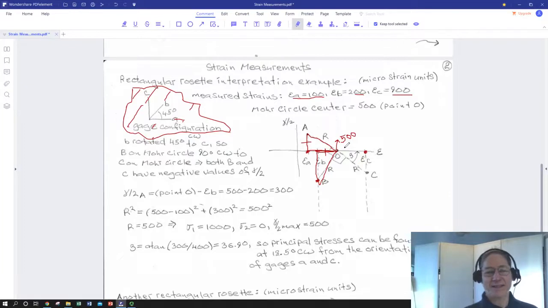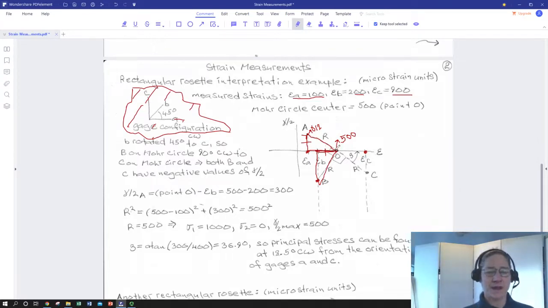So that sets us up to have our y-axis here. We already know our x-axis on triangle epsilon A, A, O. If we have this upright, this shear strain component, we have R by Pythagorean. So the gamma over 2, as its tensor shear strain, at A here is going to be equal to epsilon B minus O. Epsilon B was 200, O was 500.